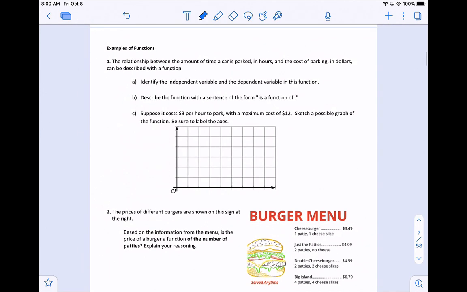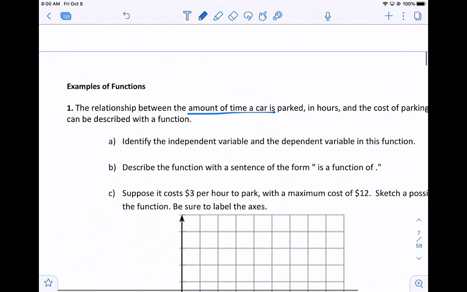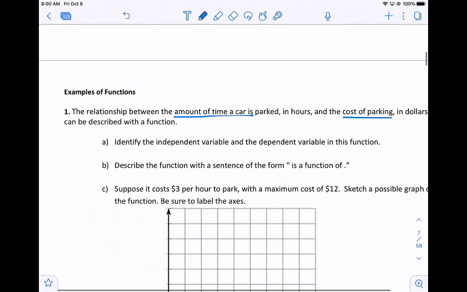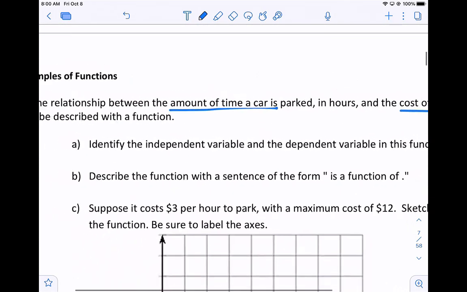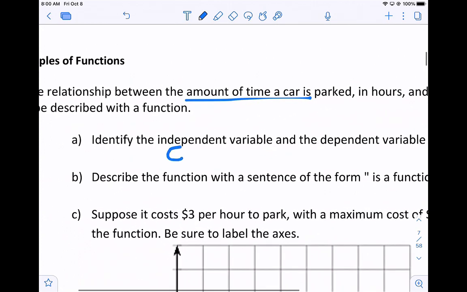functions. So the first one says the relationship between the amount of time a car is parked in hours and the cost of parking can be described with a function. What's the independent variable and what's the dependent? All right, so I would say that the cost depends on the amount of time that you are parked.